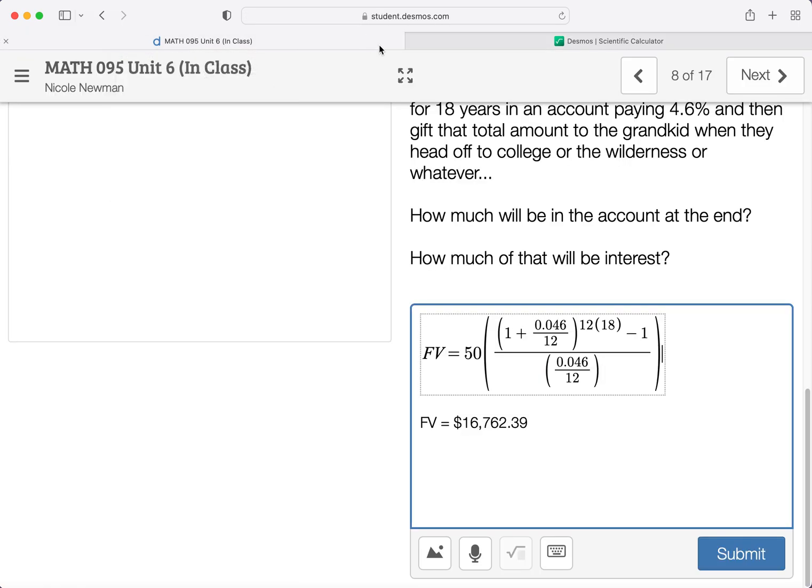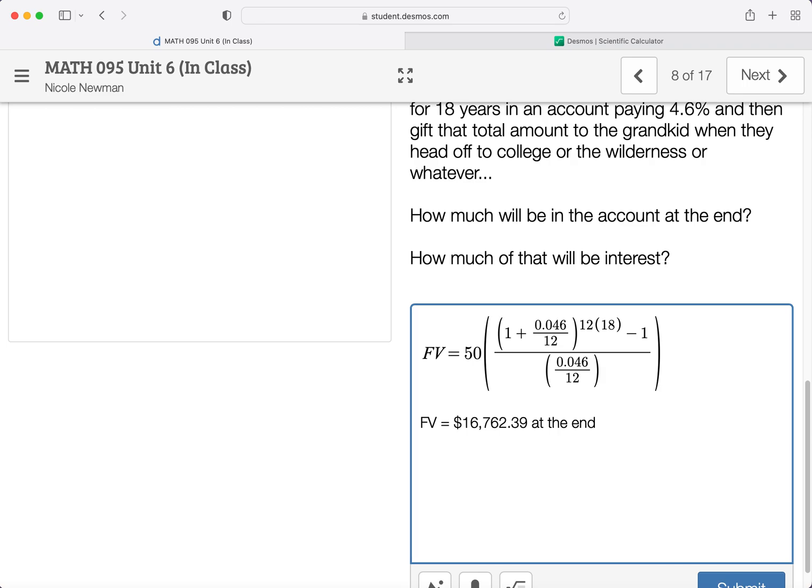All right, what else were we supposed to do? How much is in the account at the end? So this is the amount at the end. The interest will be the gap between the amount that we have at the end and the amount that the grandmother put in there. So interest is going to be equal to this, minus, she made monthly payments for 18 years and the payments were $50 each.